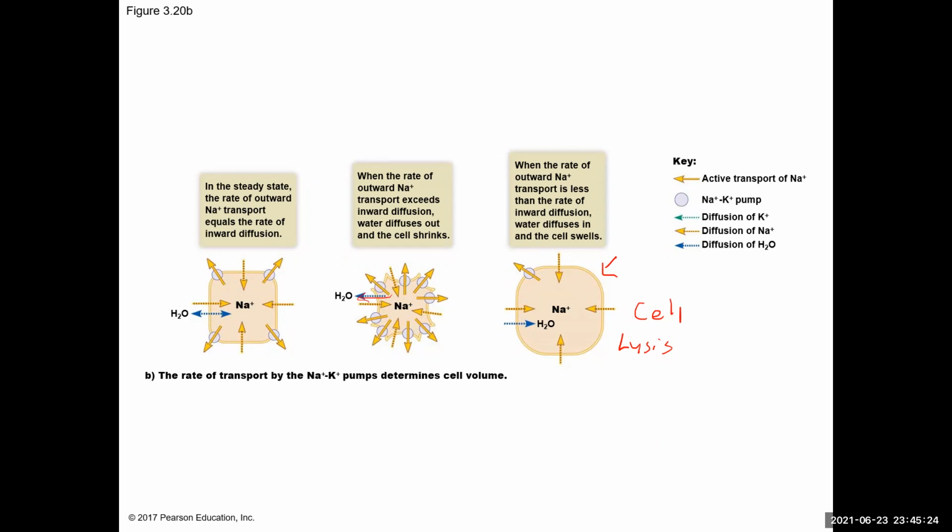So the sodium-potassium pump controls whether or not these three scenarios happen, okay? So if it pumps more sodium out, then water will move out. If it pumps more sodium in, then the water will move in. And then if it's keeping the concentrations equal inside and out, then you get that left-hand example.